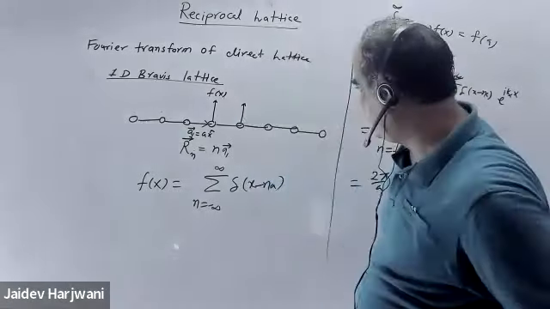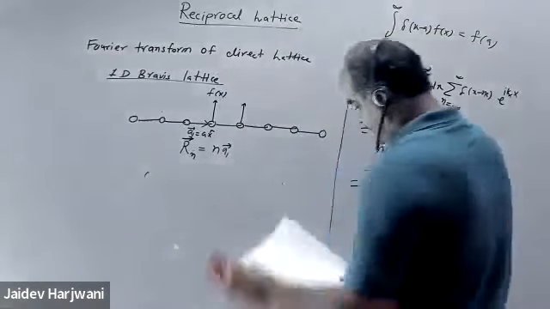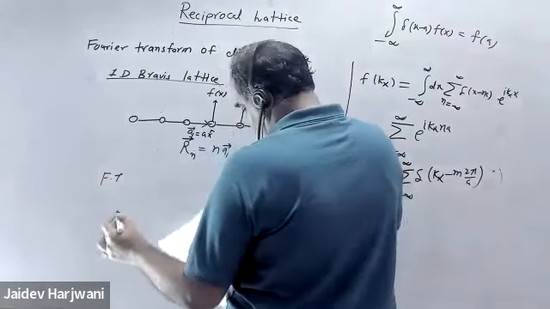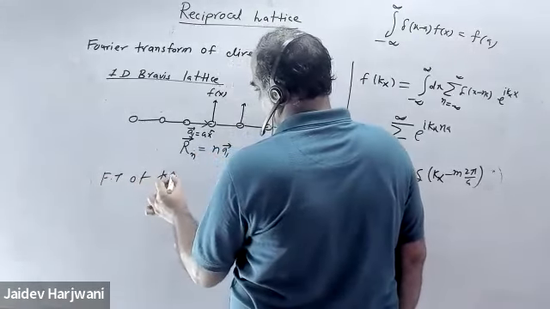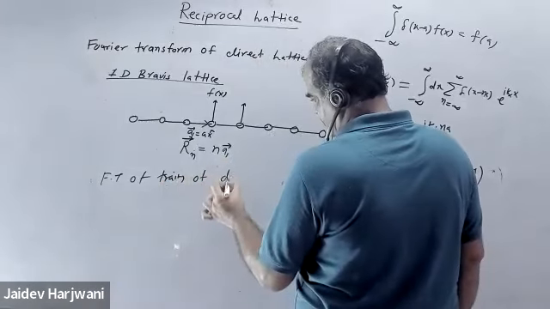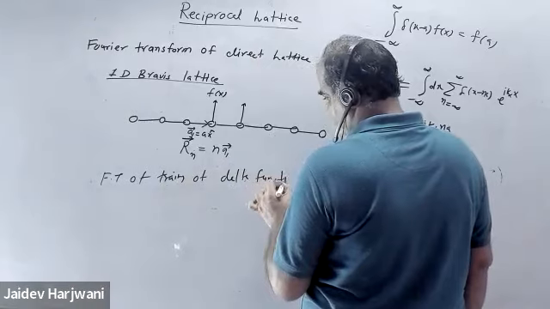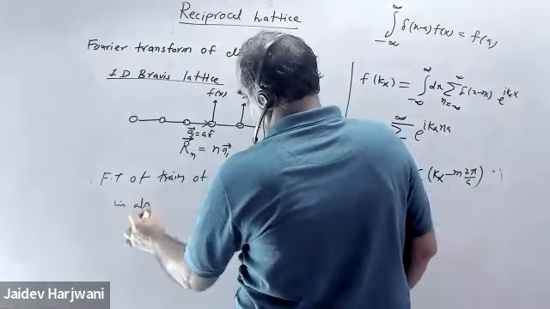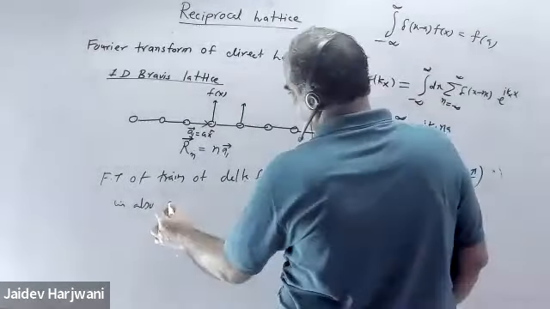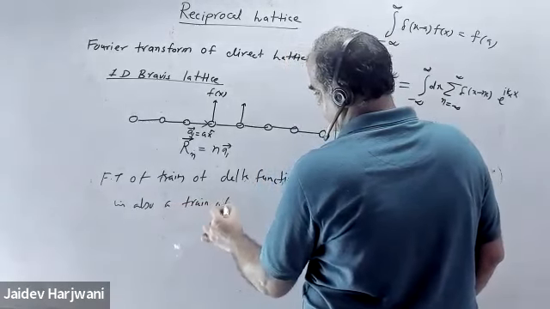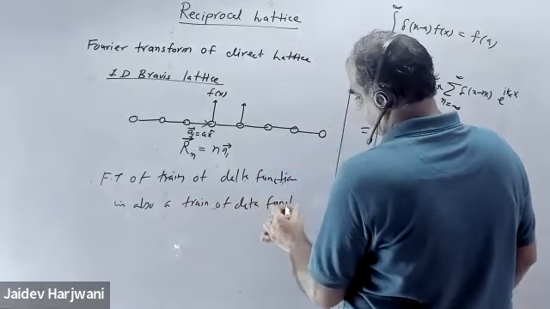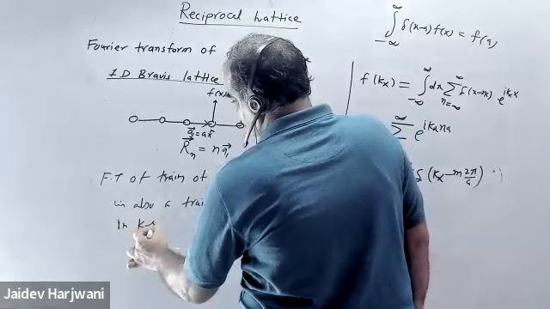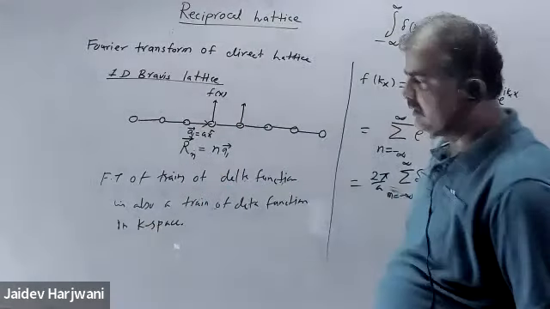What I want to tell here is that the Fourier transform of a train of delta functions is also a train of delta functions in k space.